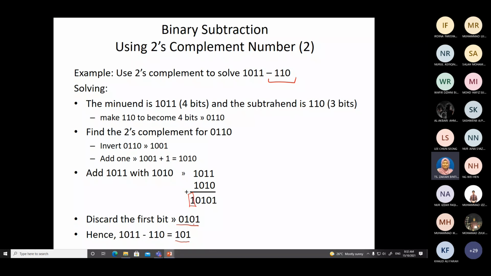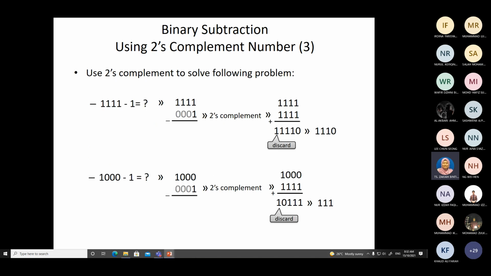So actually this one is 11, and 11 minus 6 is basically 5. This is 2's complement again.